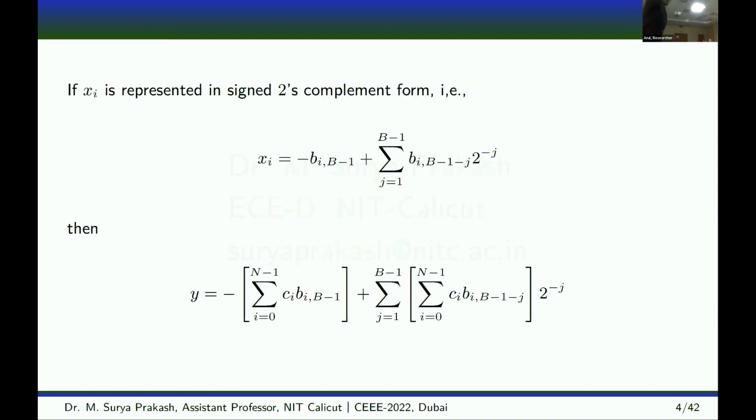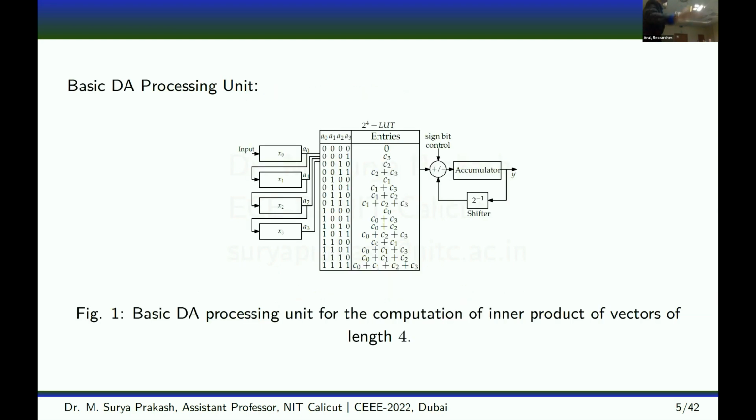In fact, if all b_i, b minus 1 minus j's are zeros, the inside term will be 0. And if only one particular b_i, b minus 1 minus j is 1, we'll have that corresponding c_i value. So that's what we can see here. In the first address location, we have all b_i's taking zeros. That's the reason we have a 0 value stored in the first location of the lookup table.